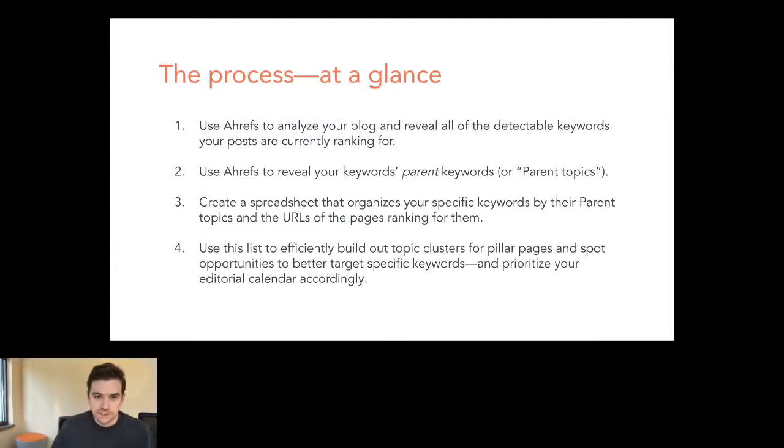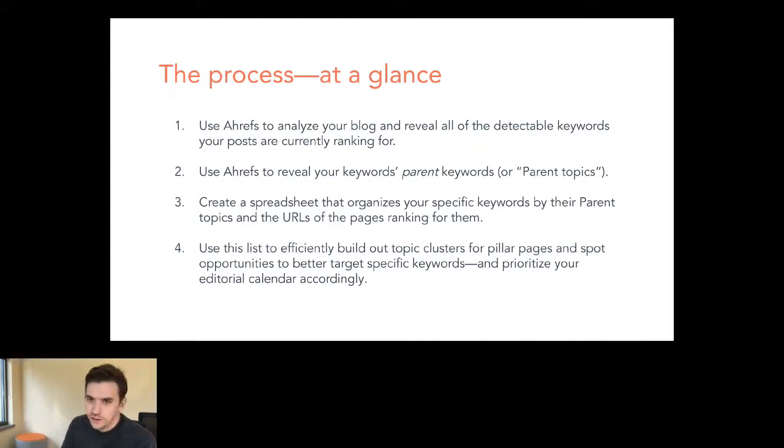So I condensed this process into 4 basic steps. So let's take a look at it. One, you use this Ahrefs tool to analyze your blog and reveal all the detectable keywords your posts are currently ranking for. So let's unpack that for just a second. This tool allows you to put in a site or a part of a site. It will scan that site. In this case, we're doing a blog. For most companies will be doing this to their blog.